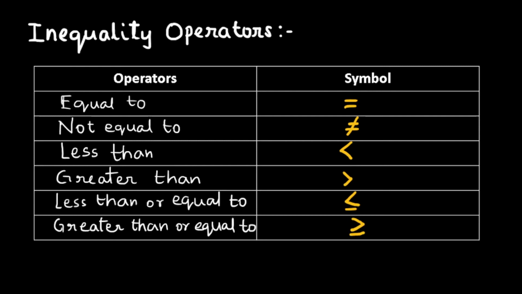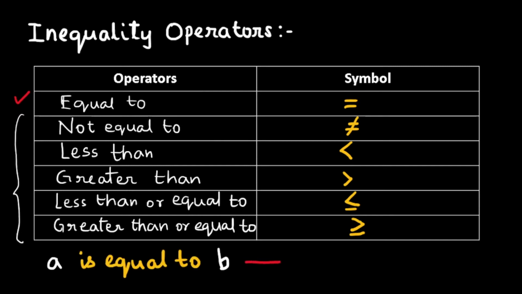In this, only equal to is the equality operator and the rest of them are inequality operators. The inequality operators are used to compare two expressions or numbers to find out how much one number or expression is different from the other. They might be equal or not equal, or maybe one is greater than or less than the other. You can use the appropriate operators in your expressions.